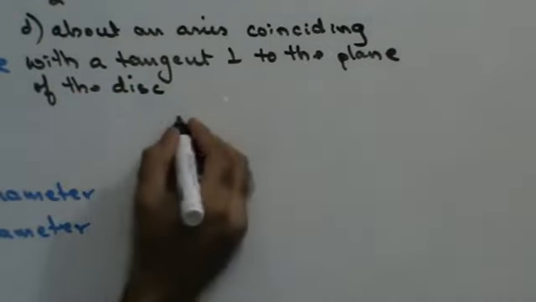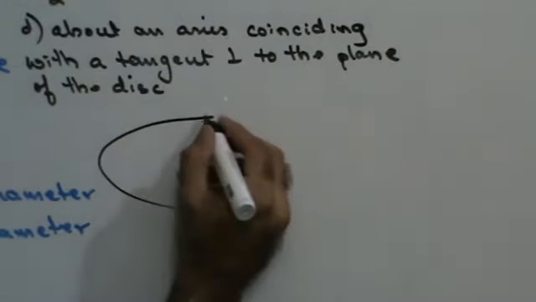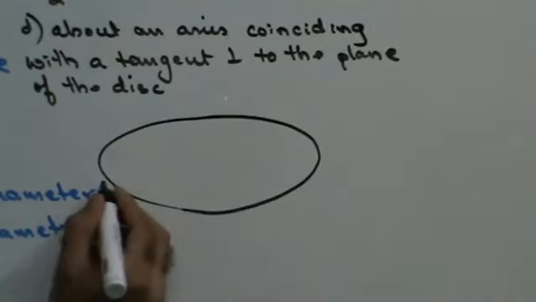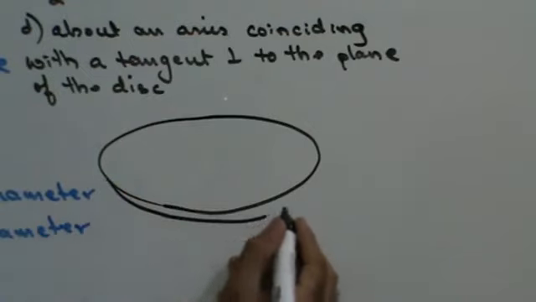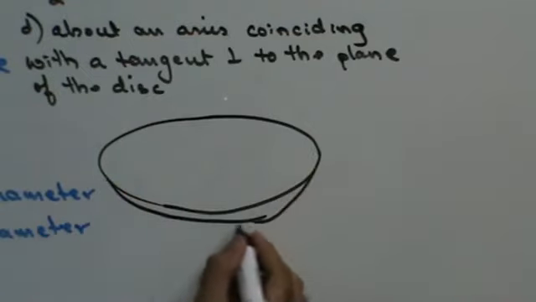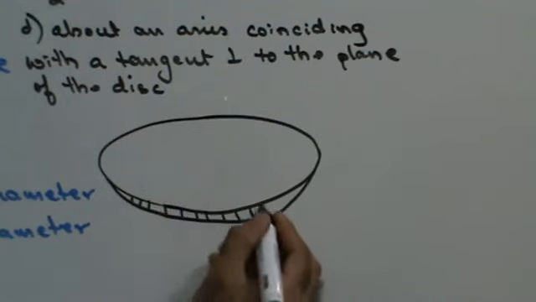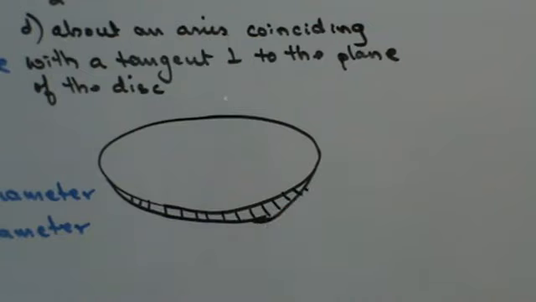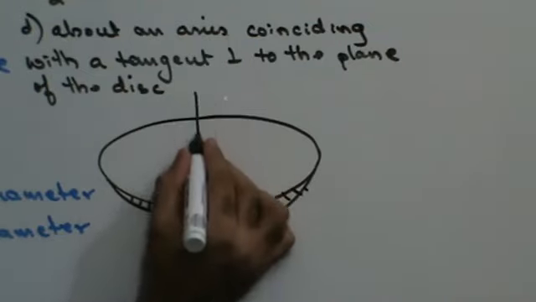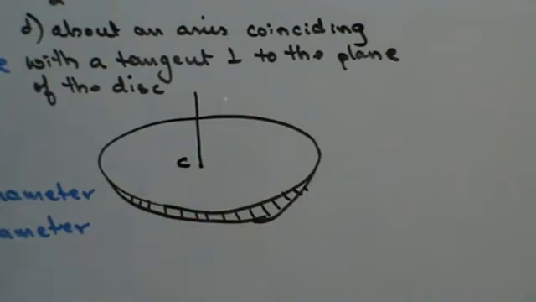Let's draw the disk. Let's assume that this is the axis passing through the center.